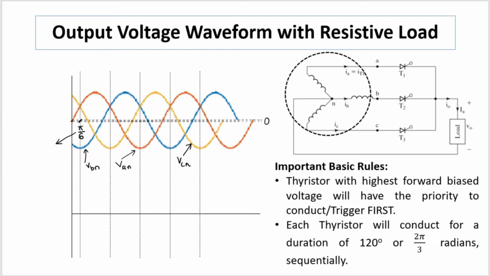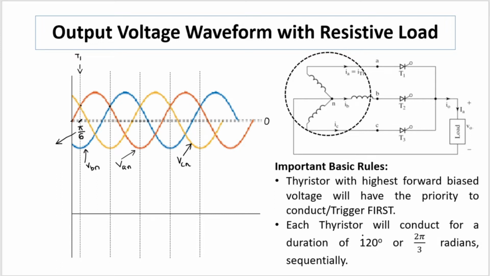Our starting point in the case of three-phase waveforms will always be this pi by 6. It is our starting point, reference, or maybe our 0 you can say. So initially we will trigger the thyristor corresponding to phase A, which is nothing but T1. So T1 will be triggered over here. From this point up to this point, T1 has the highest forward bias or positive voltage.